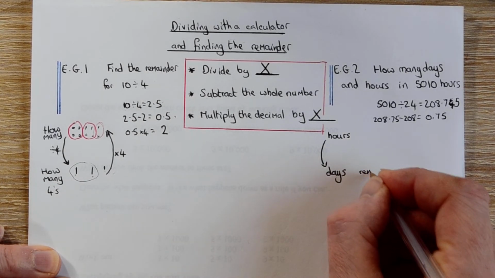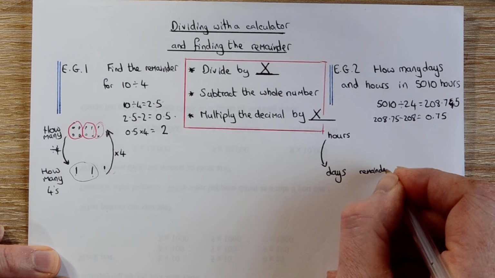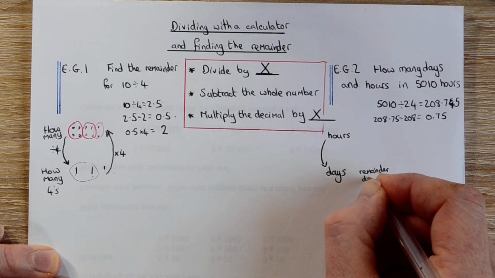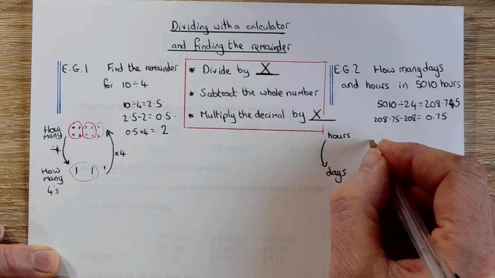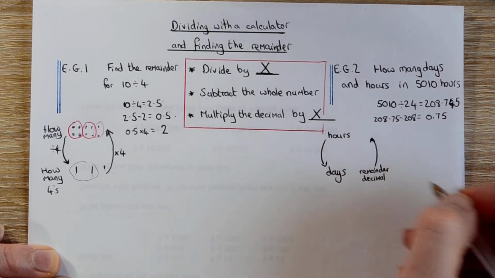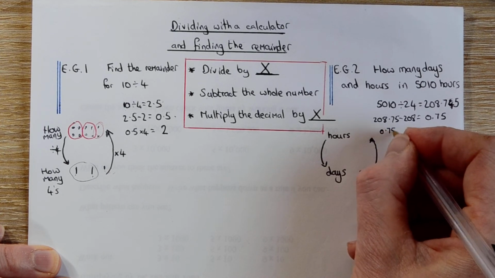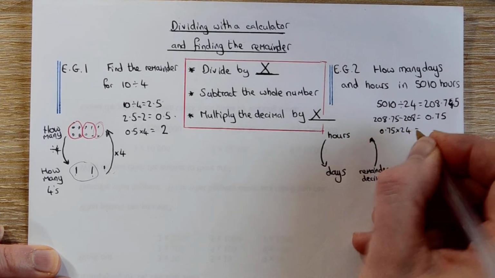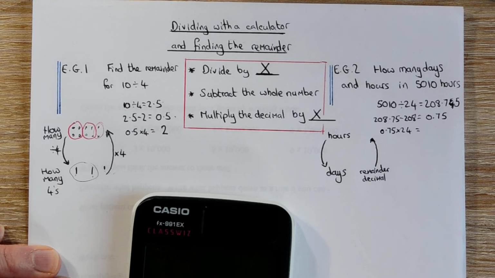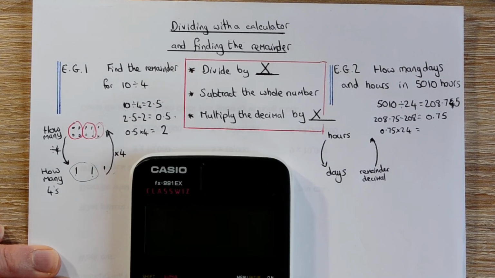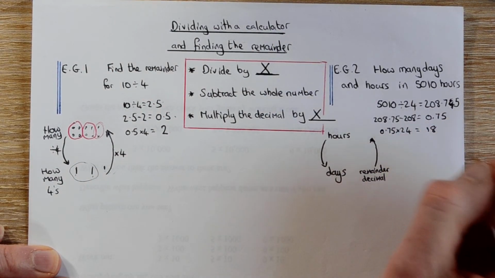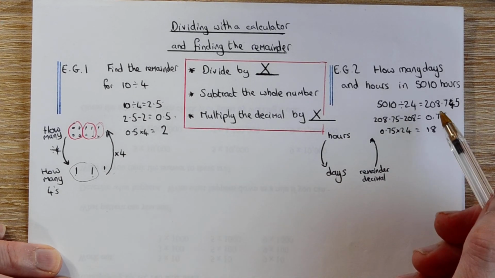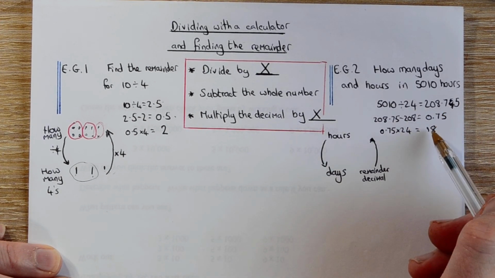So we're now going to multiply just that bit by 24 to get it back into hours. And there we are, 18. So our answer is 208 days and 18 hours.